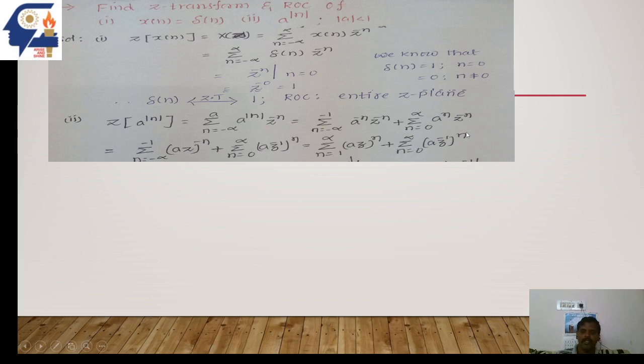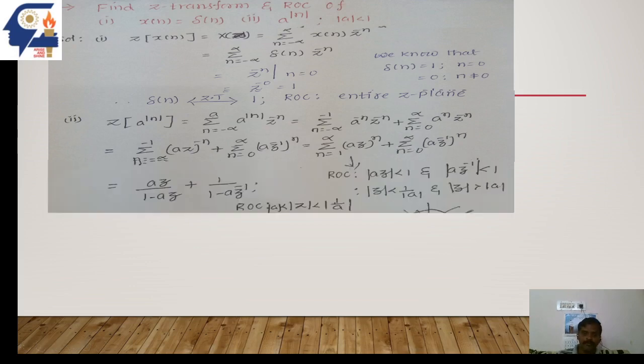Now before we go to the next step, we can find the ROC. ROC of the first one. If you want the summation to be a finite value, then mod A Z must be less than 1. That means only then does the summation converge. In the same way, the second summation converges if mod A Z inverse is less than 1.